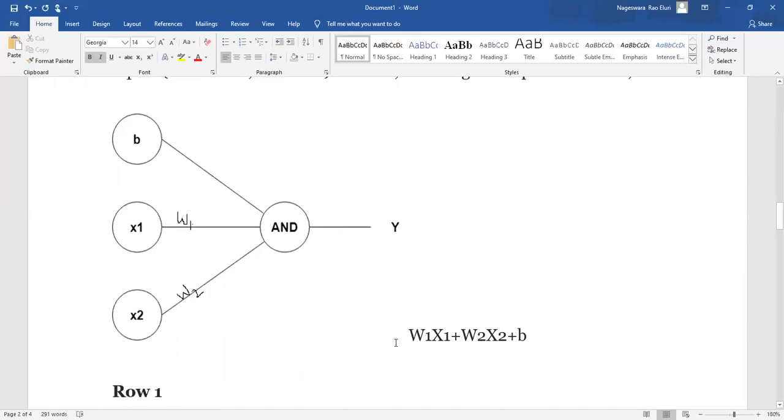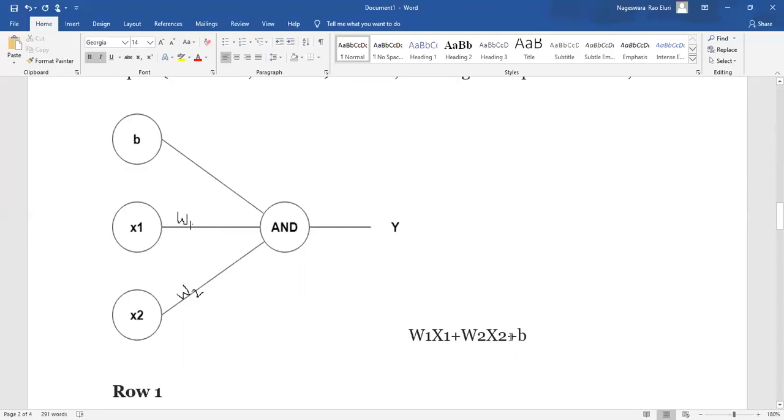For the neural network representation, we calculate the sum of dot products: x1 times w1 and x2 times w2 are the dot products. We sum these dot products and add the bias to the sum.